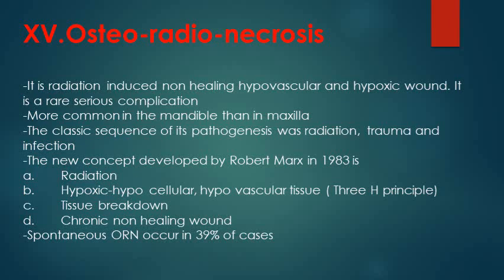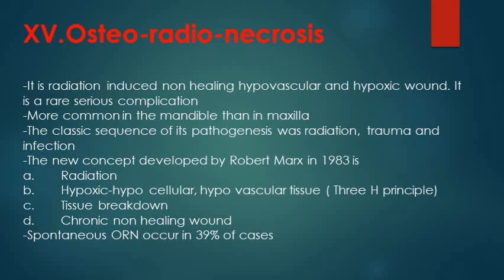The classical sequence of its pathogenesis was radiation, trauma, and infection. In the old days, they thought that when the patient receives radiation, if you get trauma and there is exposed bone, bacteria will come and infect the tissue. This concept is not correct, because if it were, the patient would respond very well to antibiotics, but this is not the case. The new concept, developed by Robert Marx in 1983, is that when the patient receives radiation, the tissue will be hypoxic, hypocellular, hypovascular.